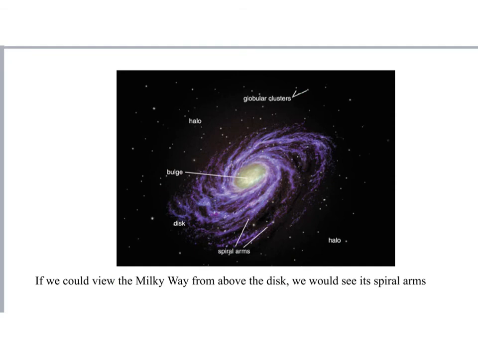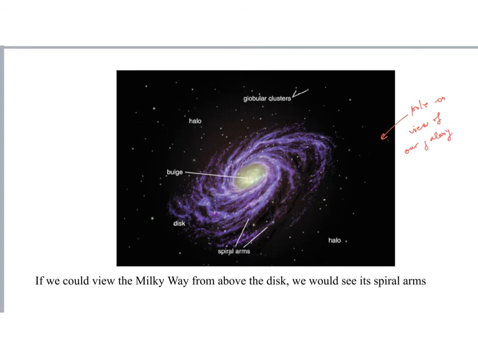Okay, so this is how the Milky Way would look if we had been able to travel for at least 1,000 years at the speed of light, somewhere above the disk. So we have here a pole-on view of our own Milky Way galaxy.